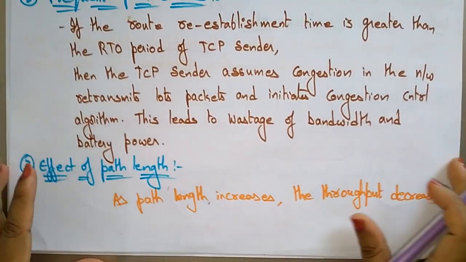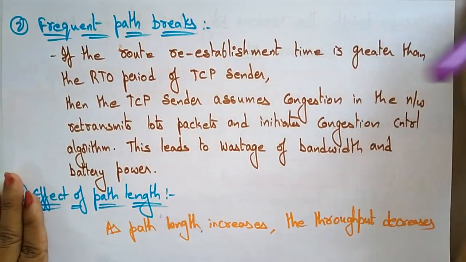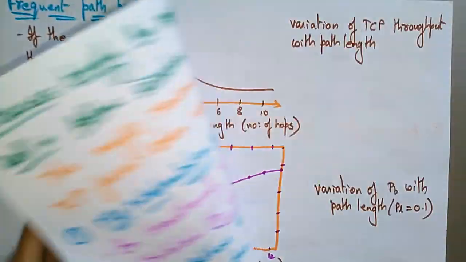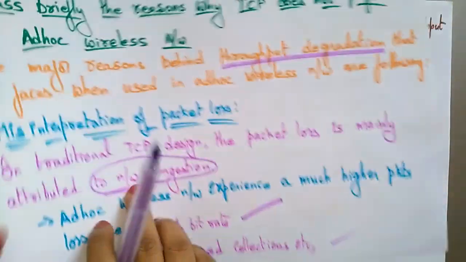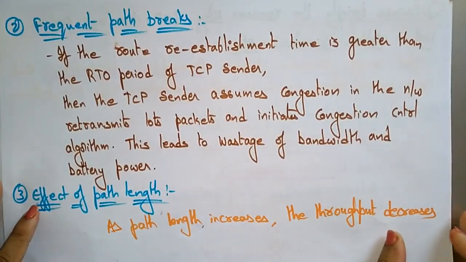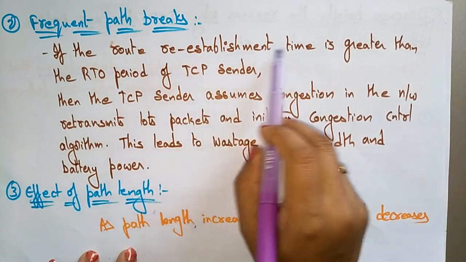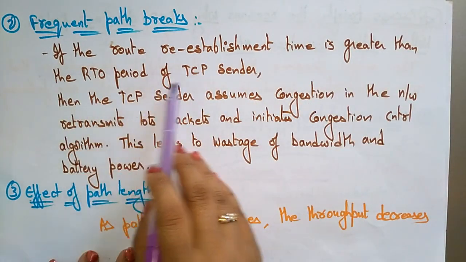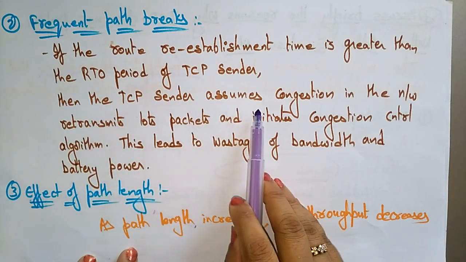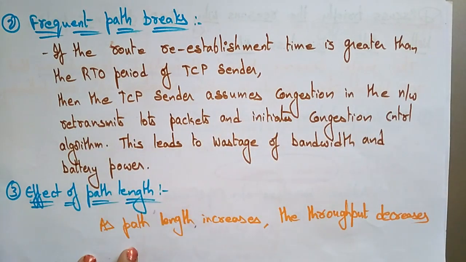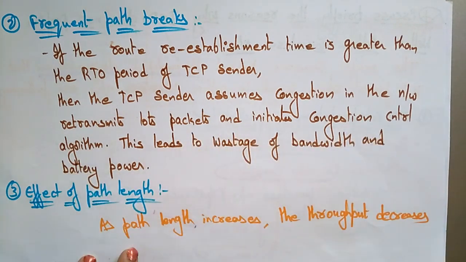The next reason is frequent path breaks. TCP does not perform well in ad hoc wireless networks because of frequent path breaks. How is this possible? If the route re-establishment time is greater than the RTO period of the TCP sender, then the TCP sender assumes congestion in the network, retransmits lost packets and initiates the congestion control algorithm.